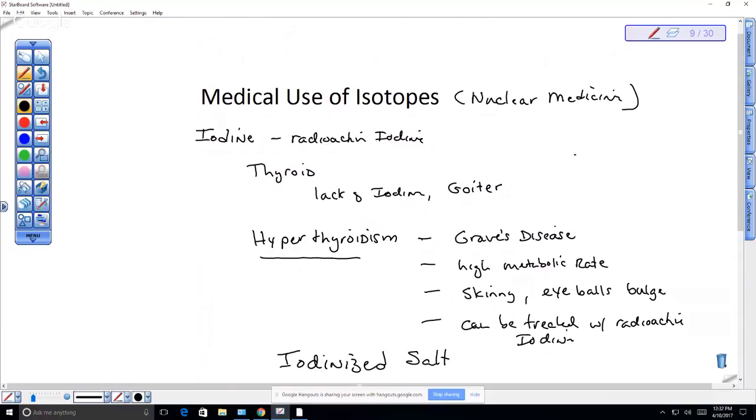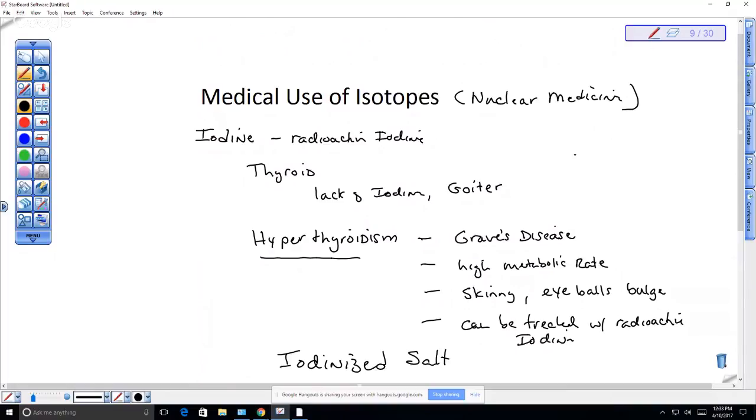I'm talking about what in our food has been added. Like we add vitamin D to milk, right? We add iodine to salt. And sometimes you get sea salt, and sea salt has not been iodinized. And so this is just to ensure that everybody has enough iodine.